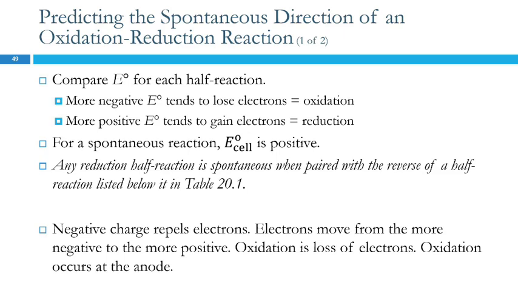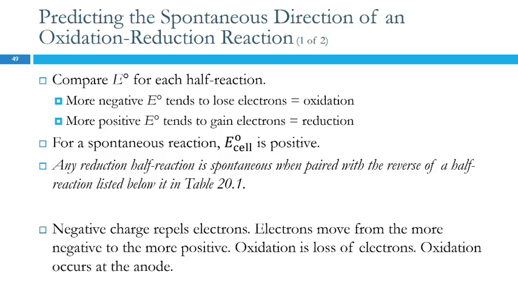So predicting the spontaneous direction of redox reactions. We're going to compare the standard potential for each of the half reactions. The more negative one tends to lose electrons. The electrons are like, oh, this thing's negative, I want to get away. The more positive one tends to gain electrons.